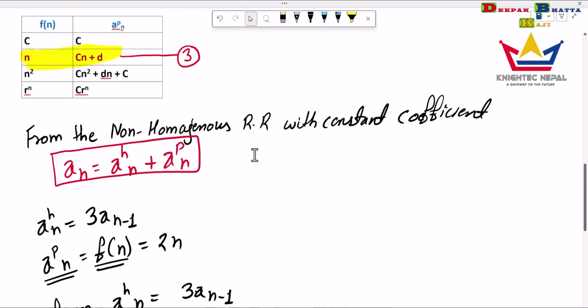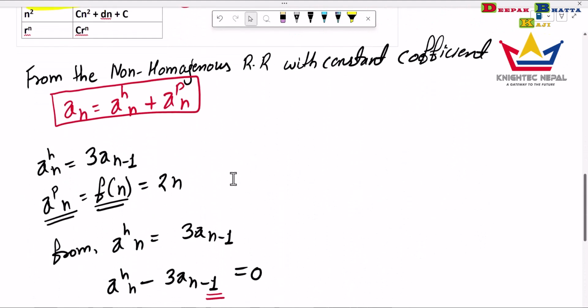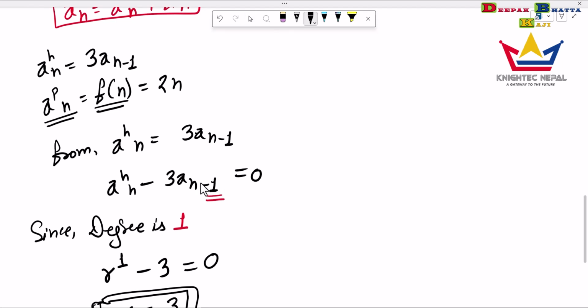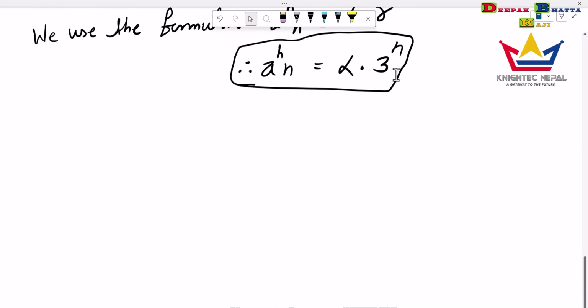Now the next part, the additional part. Now we need to solve this part: a_n^p, that is f(n) = 2n. For this we need to use the formula a_n^p = cn + d, right?